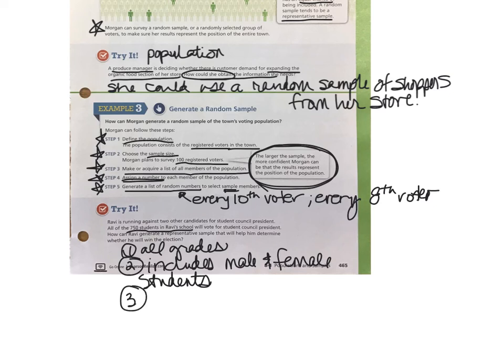And he doesn't want to focus on just a certain group, such as students in one particular class, because not every student would be enrolled in that class. So he could easily generate a list of all the students.